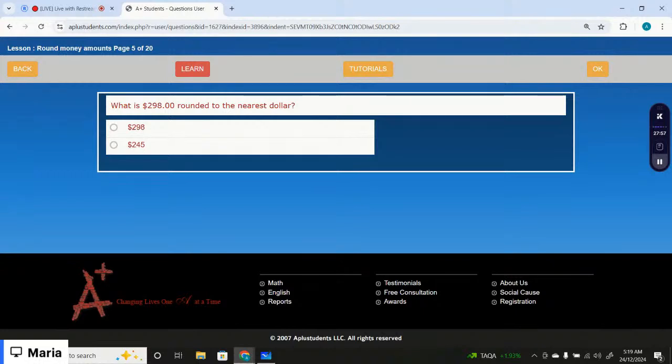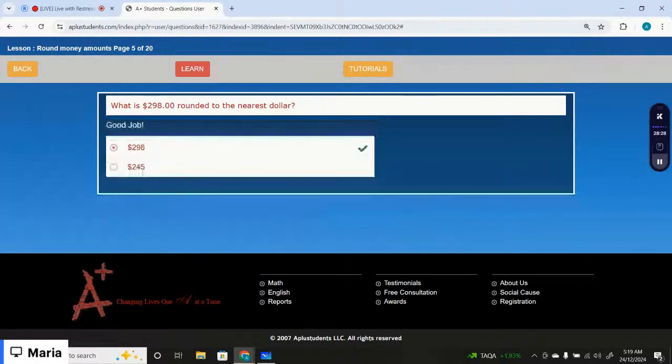What is 298 rounded to the nearest dollar? That is option number one, $298 it is.